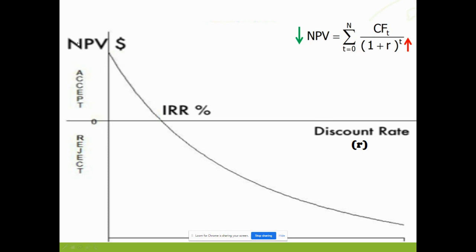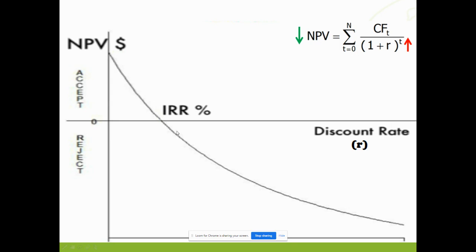And I have a diagram here to illustrate the relationship between NPV and discount rate. As you can see, when the discount rate is getting higher and higher, the NPV, the value of the investment, is going to be reducing.